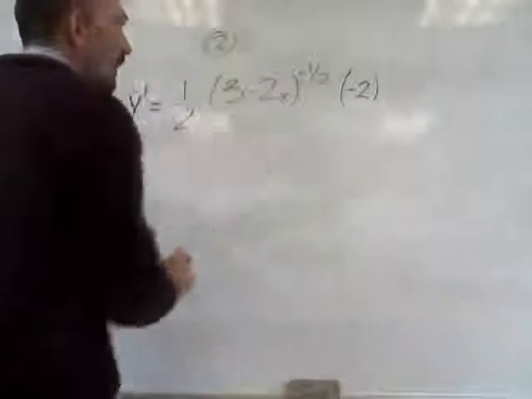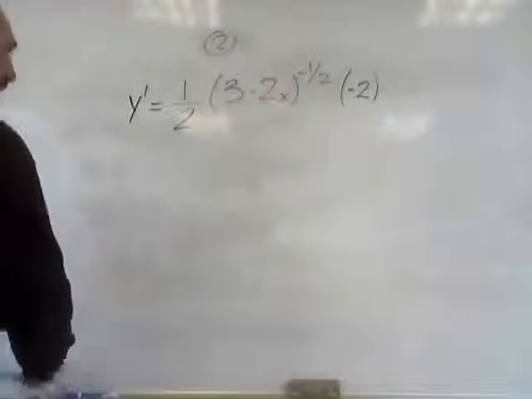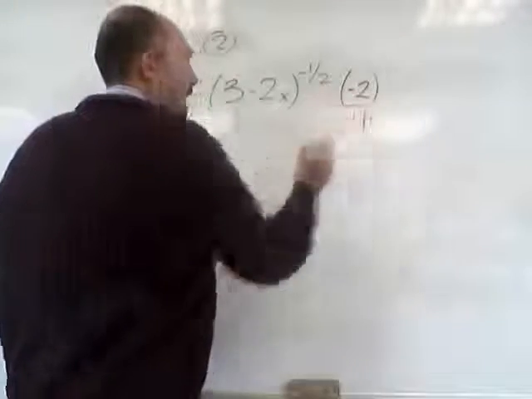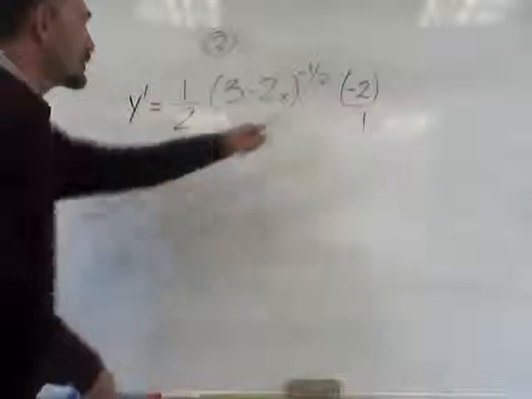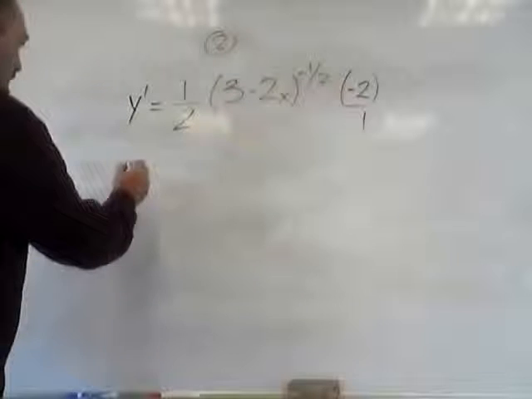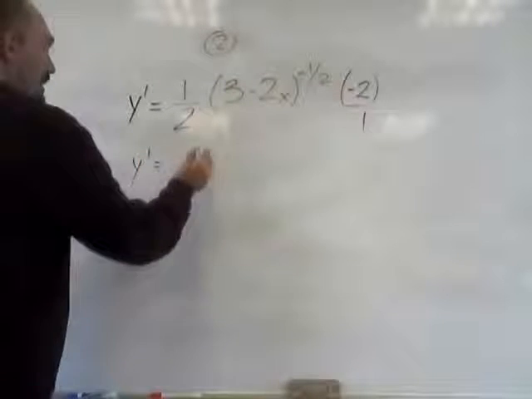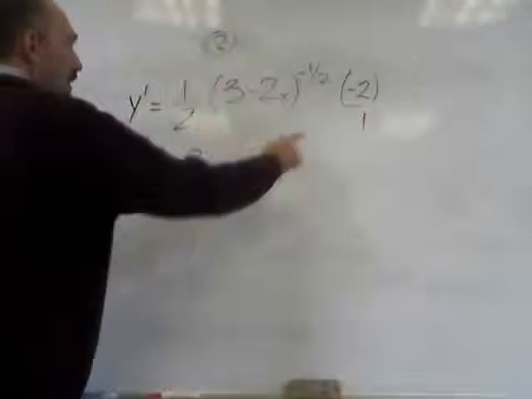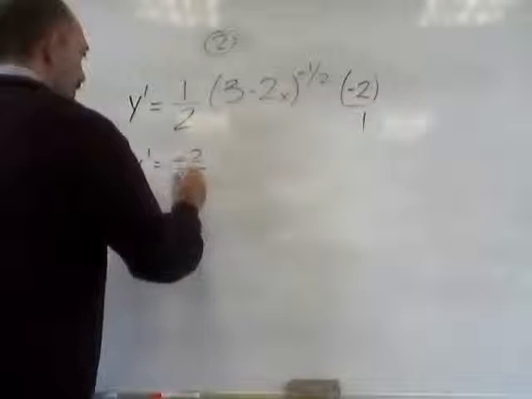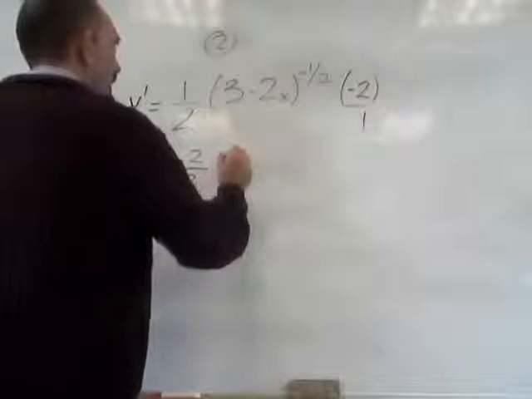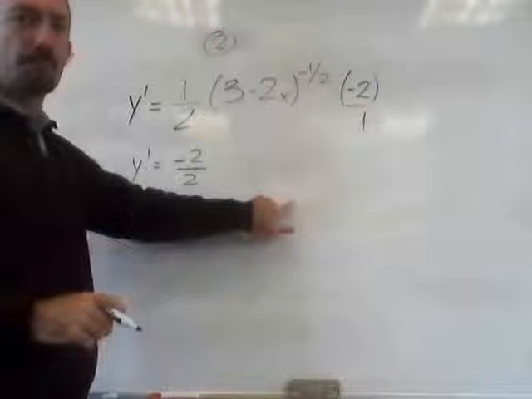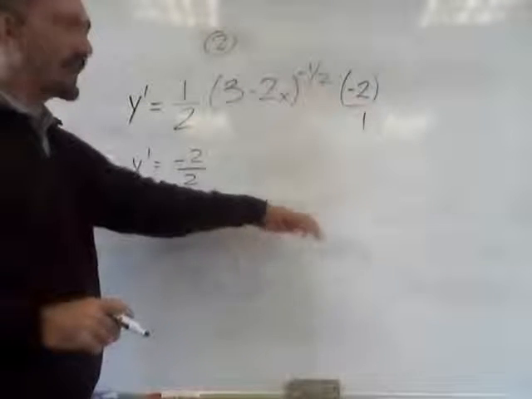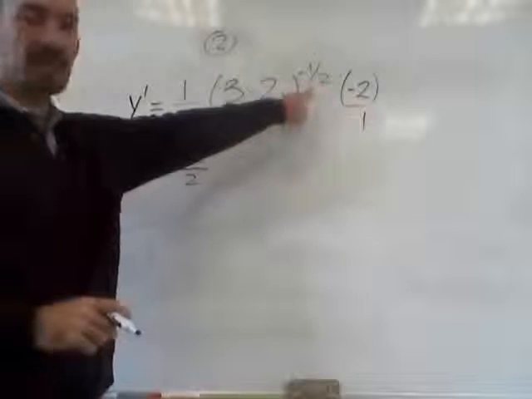So now I'm going to multiply numbers. I will imagine that I have a 1 here, right? So negative 2 times 1 is negative 2. 2 times 1 is 2. And remember, I have this negative. I need to put it on the bottom, that's the denominator, and it's positive.